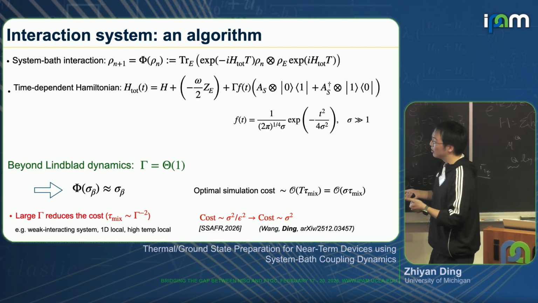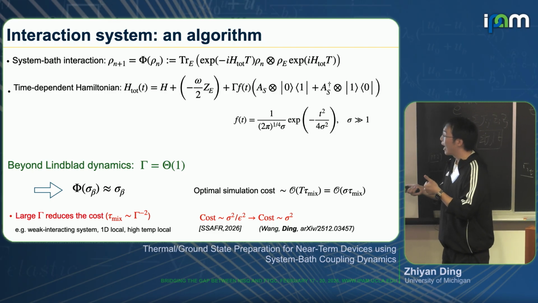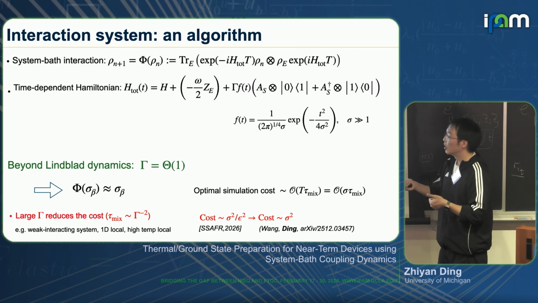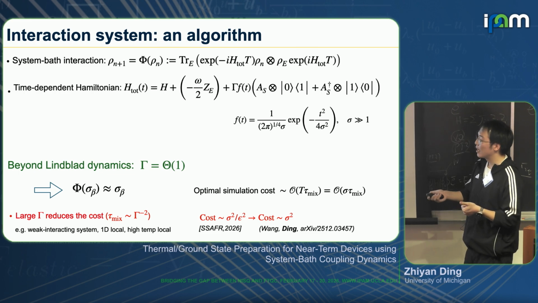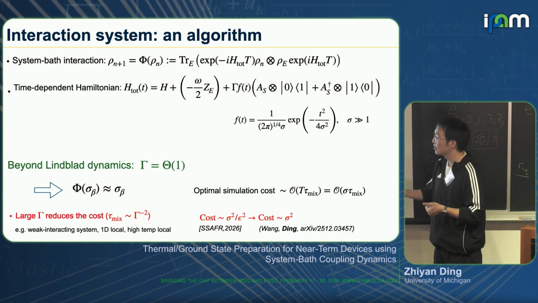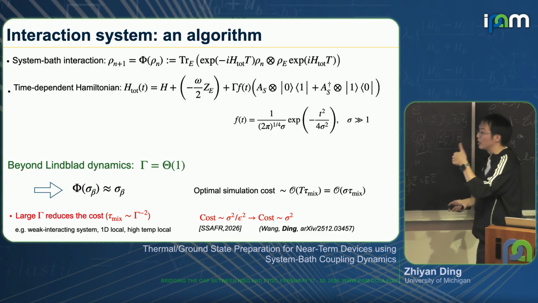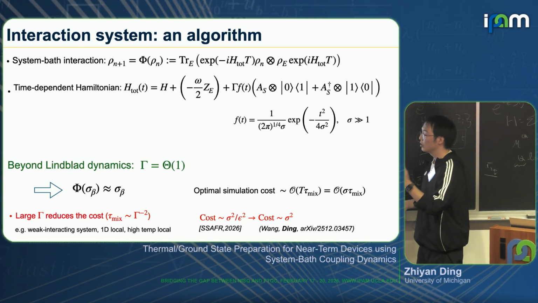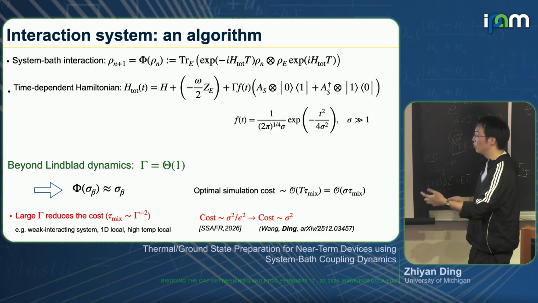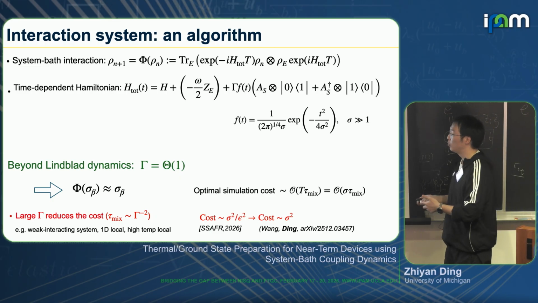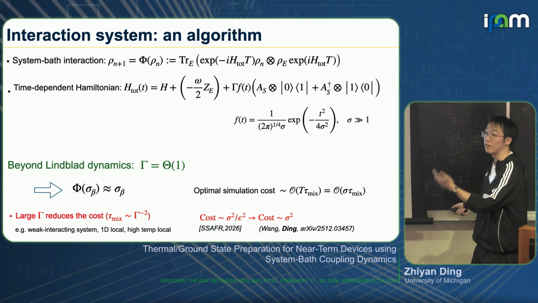Now, if I choose gamma to be order epsilon, since the tau mix scales as 1 over gamma squared, the total cost scales as sigma squared over epsilon squared. But if I choose gamma to be order 1, we can theoretically prove that this saves a 1 over epsilon squared factor.